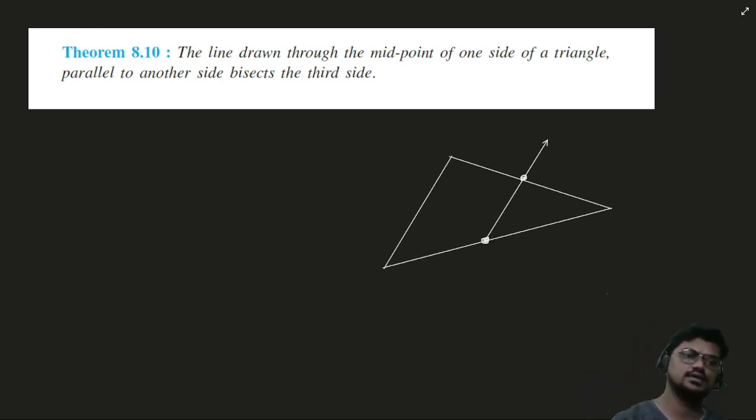Sir, you didn't teach us the midpoint theorem. Yes, sir. Wait, the theorem proof is not there, no? In our school, the proof is done. For 8.9, they have given, 8.10 also they have given, but they told that it is not likely to come for exam.